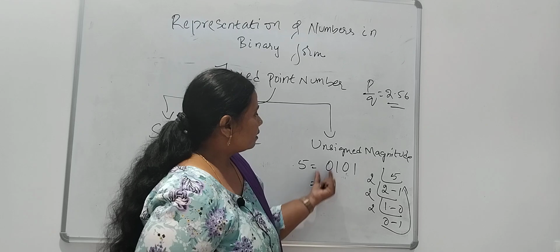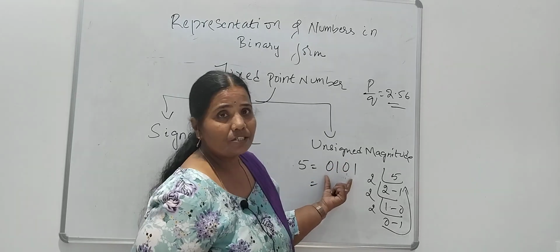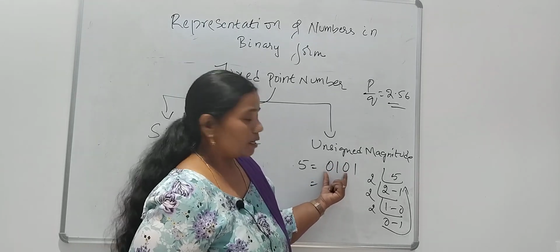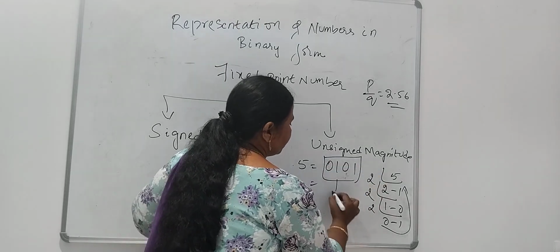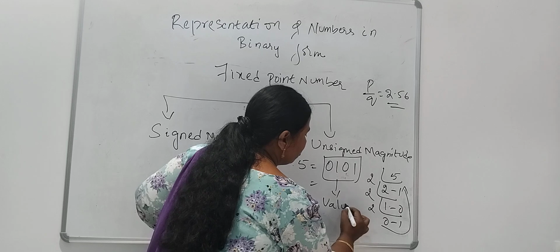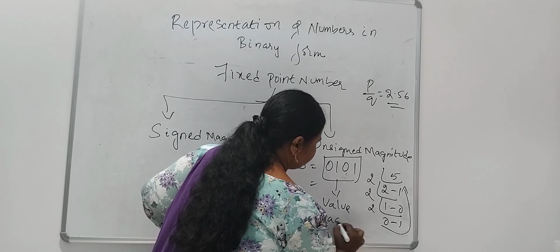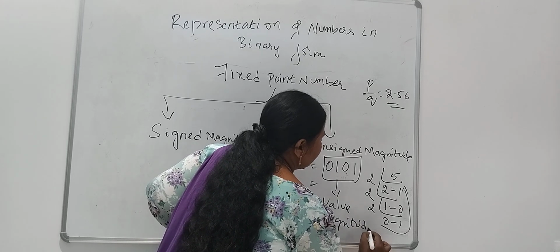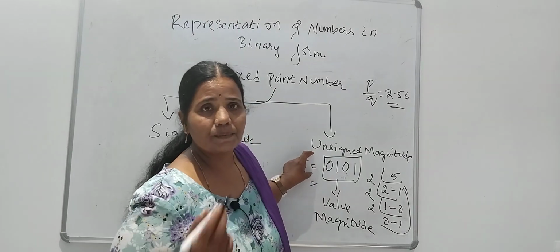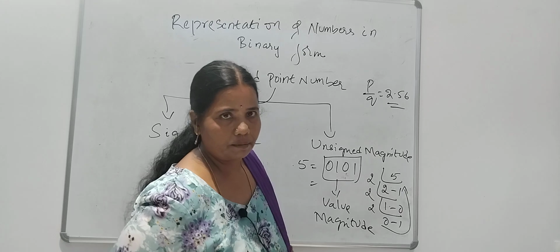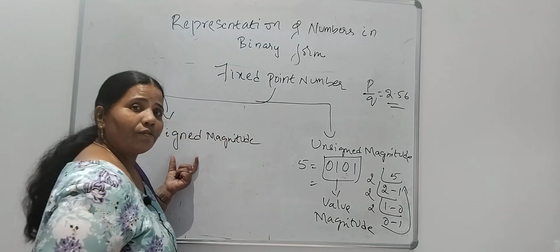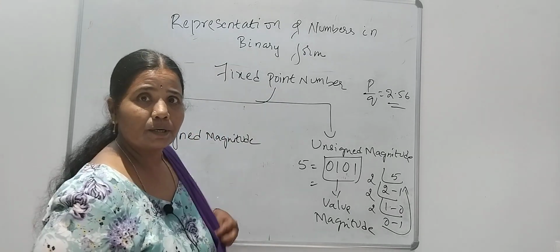Whatever bits you have written, this total is going to represent the value. That value only we are calling as a magnitude. Here you are not at all specifying whether you have a positive number or negative number. Similarly, if you go for signed magnitude representation.